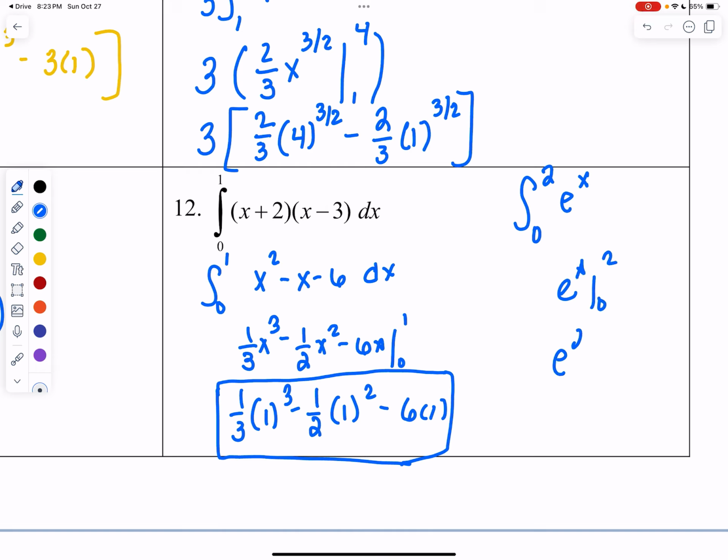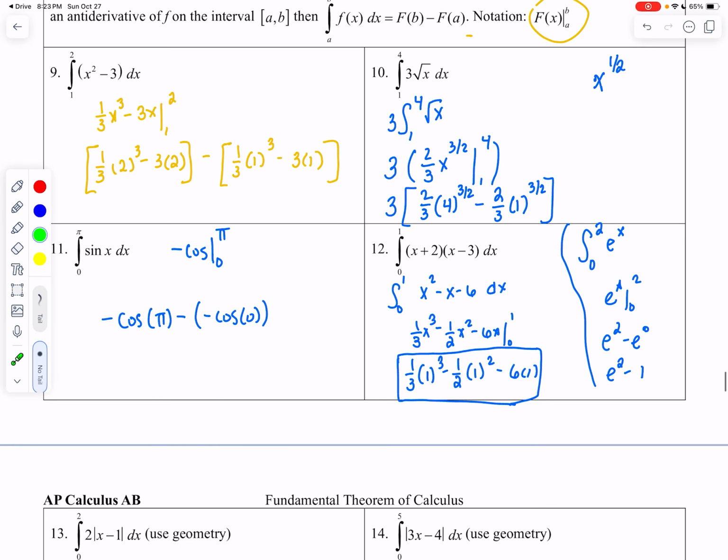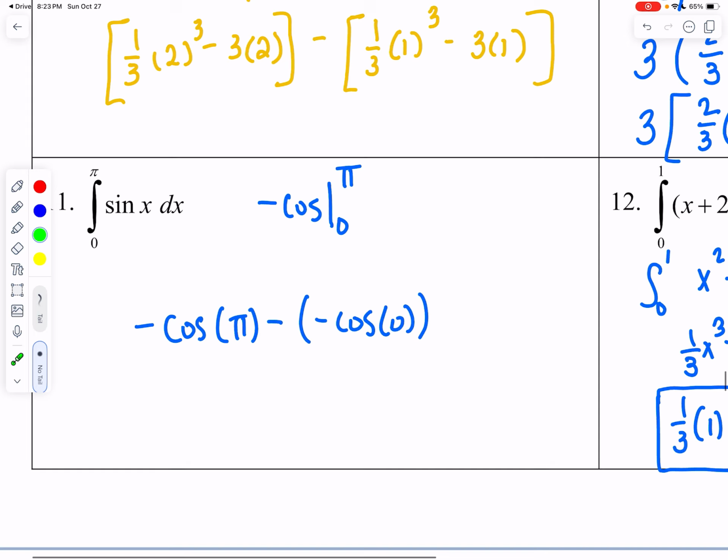And that's going to be e to the second minus e to the 0. And we know that e to the 0 is 1. So sometimes be careful whenever you are trying to plug in 0. Don't ignore it. The reason we were able to ignore it here was because this was a polynomial. Same thing here. Cosine of 0 is 1. So don't ignore this because cosine of 0 is 1.